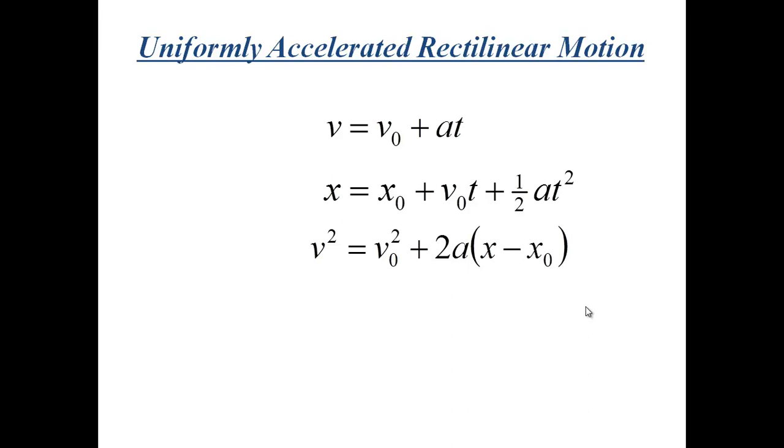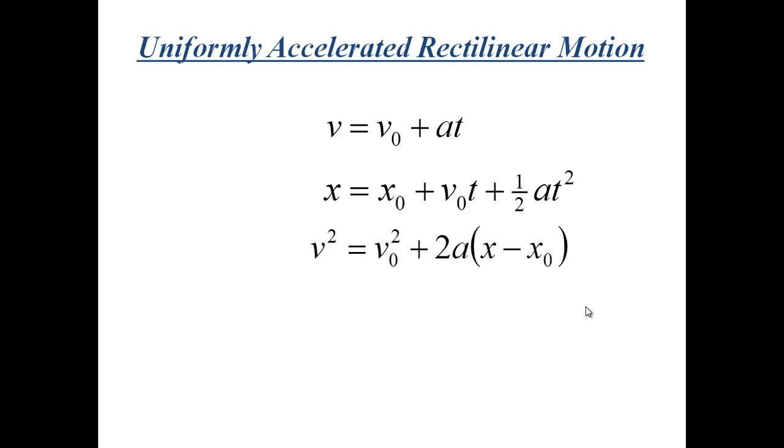We have to provide appropriate values for acceleration, initial velocity and initial position. Always first define the origin of the x-axis and choose a positive direction along the axis. This direction determines the signs of acceleration, initial velocity and initial position. Please make a note of it. The direction is important when calculating uniformly accelerated rectilinear motion.